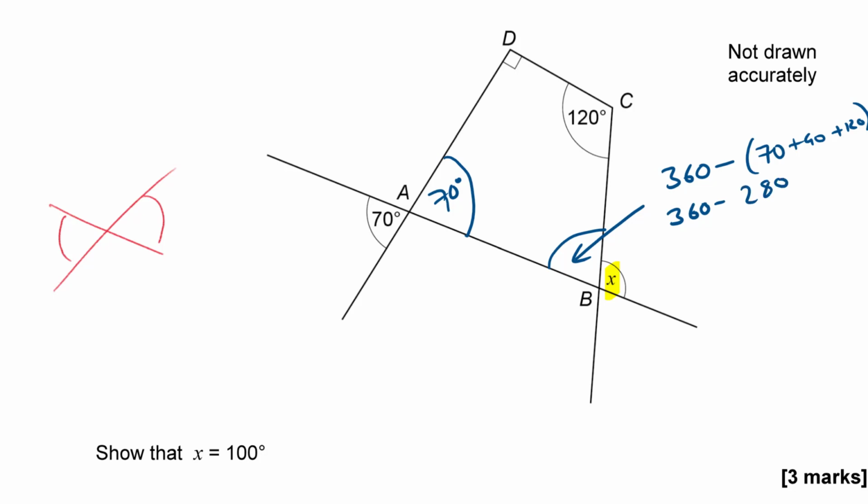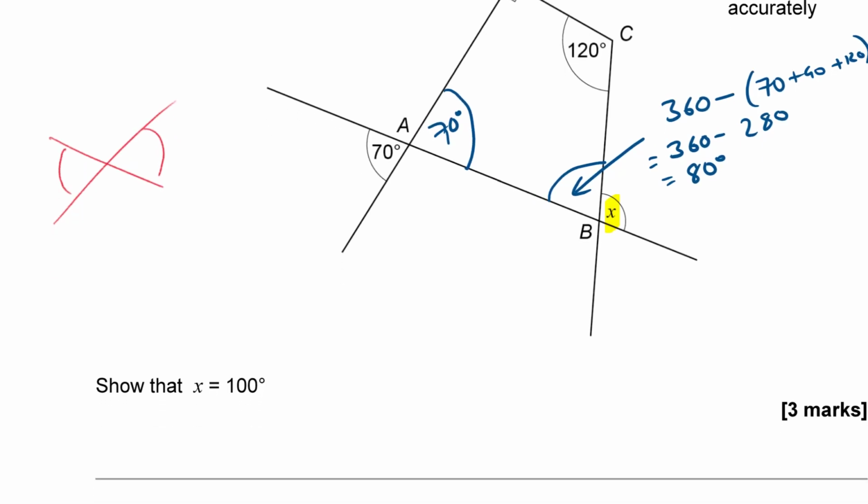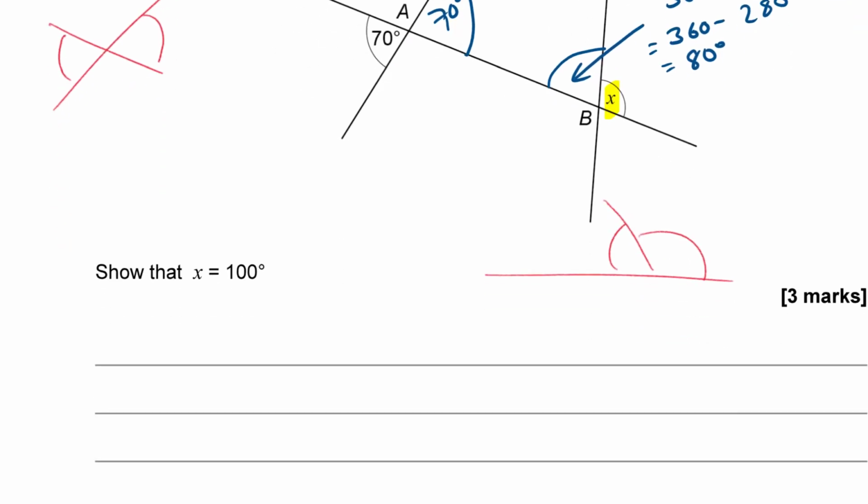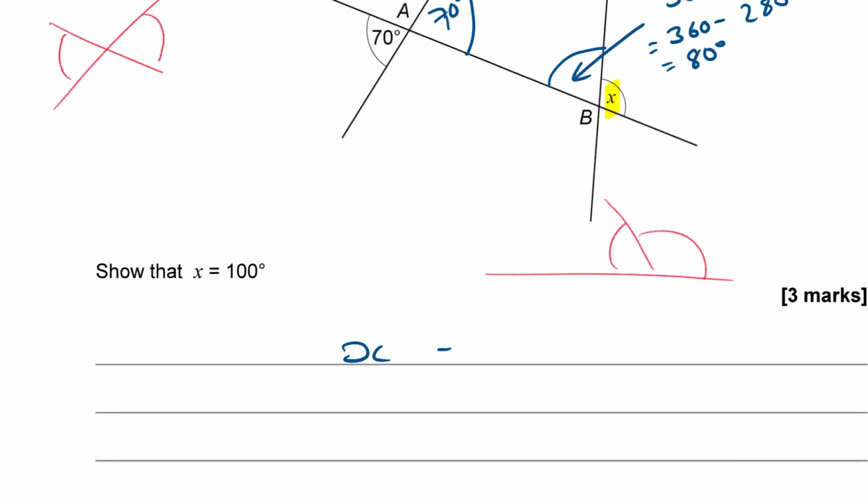And 360 subtract 280 is 80, so that one is 80. And then finally, we've got 2 angles on a straight line, and we should know that those 2 angles add up to 180. So x is going to be 180 subtract 80, giving me x is 100 degrees.